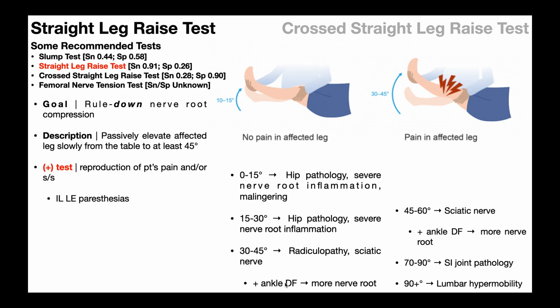So if ankle dorsiflexion makes those paresthesias worse, it's more likely due to a nerve root compression than the sciatic nerve. Okay. Now, normally you won't need to go this high, but if they have pain between 70 and 90 degrees, that's normally due to a pathology of the sacroiliac or SI joint. And then if they have pain beyond 90 degrees, that's normally due to lumbar hypermobility.